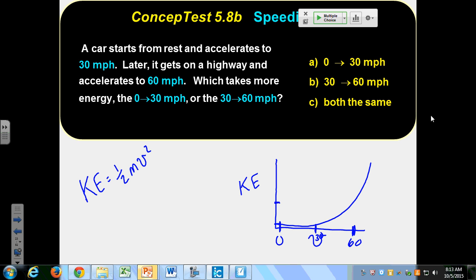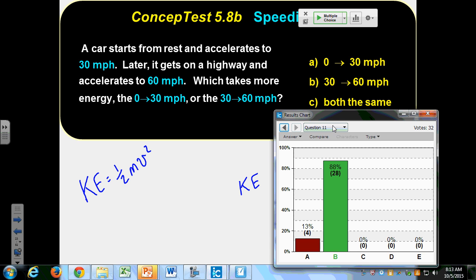I want to know which requires more energy, to go from 0 to 30 or 30 to 60. Why don't y'all try that one again? I'll stop at 18, 18.